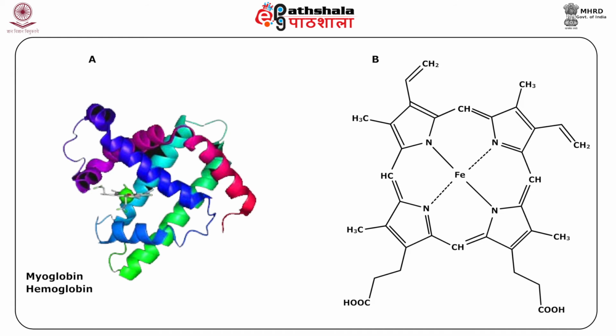We have just seen that alpha helices and the heme group form the structure of these oxygen-binding proteins. So this is the tertiary structure, and this is the heme group, which contains iron that should be in the Fe2+ state. Hydrophobic residues tend to stay away from water in globular proteins. That is why they are embedded inside the core of the protein, which is called the hydrophobic core, which is not true in the case of fibrous proteins.